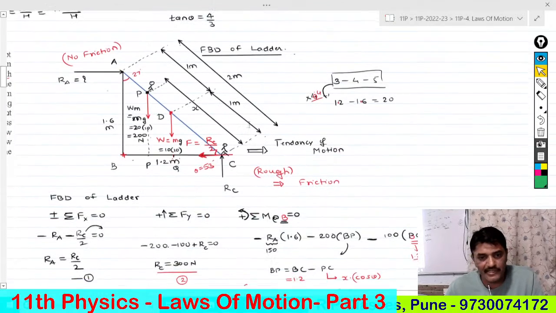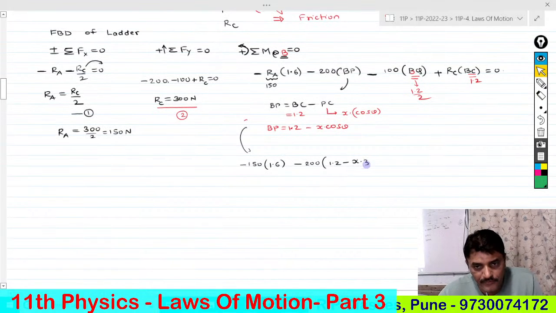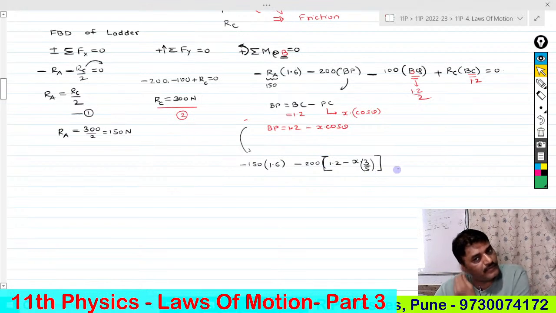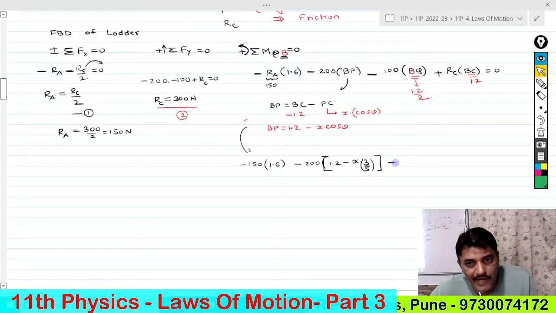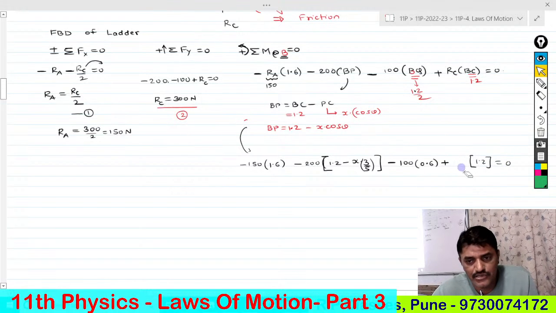So I'll just straight away write here this value of cos theta is 3 by 5. Minus 100 into 1.2 divided by 2, that is 0.6, plus RC into 1.2, this is 1.2 simply. And what is RC? RC I think I have calculated 300, so I'll write here 300.